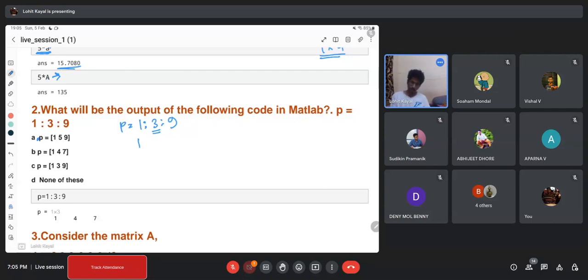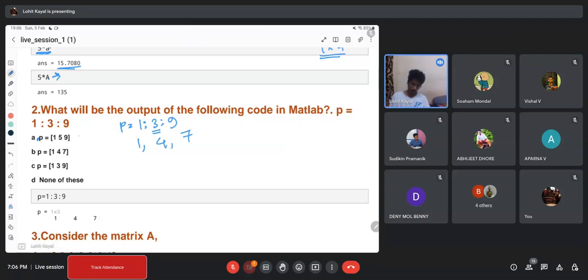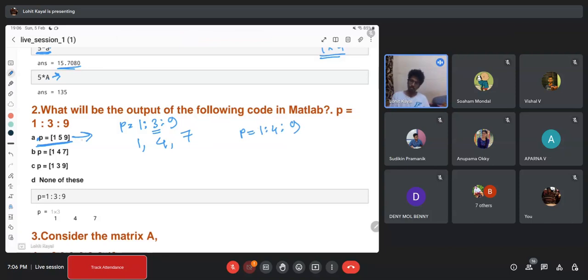Colon 3 means there will be a gap of 3. That means 1, then the second one will be 4, and the last one will be 7. Here the first option says 1, then 5, then 9. This option will be true if I give the code like this: 1:2:9.